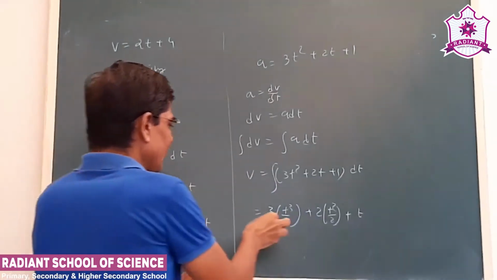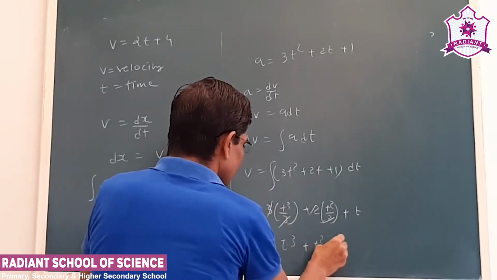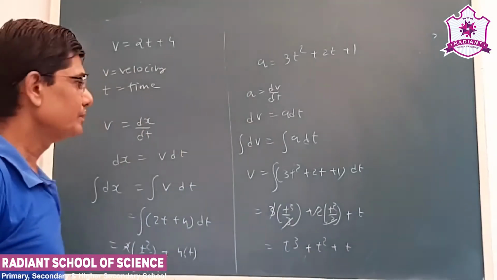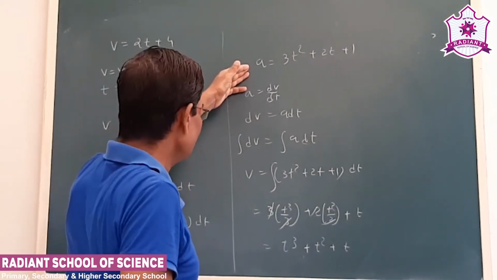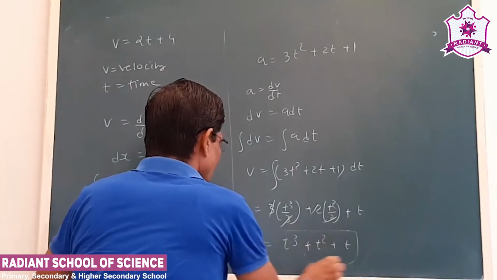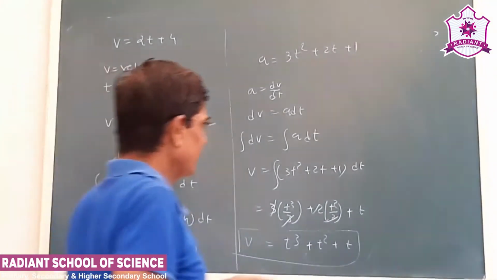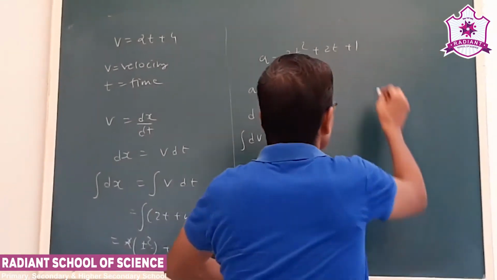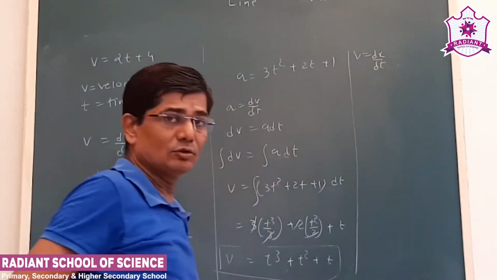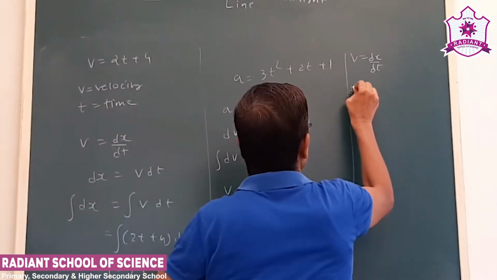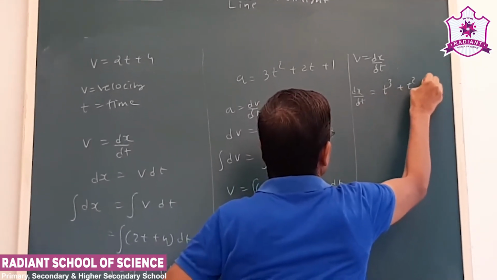Now if I simplify, t cube plus t square plus t. So here the equation of acceleration was given, and from that we have obtained the velocity. Now suppose we have to find out displacement, then we have to go for integration a second time. Now v is equal to dx by dt, which is known to us, so dx by dt is t cube plus t square plus t.